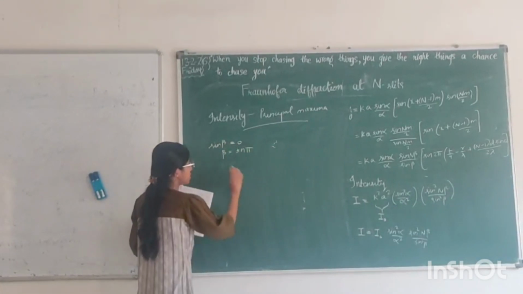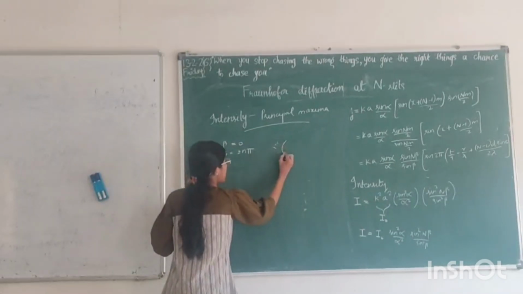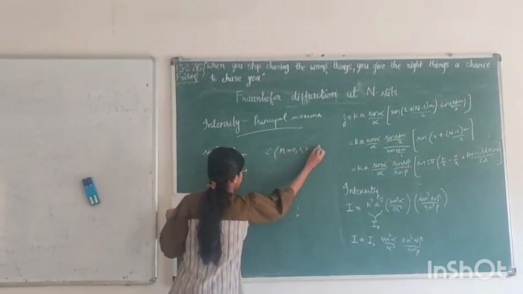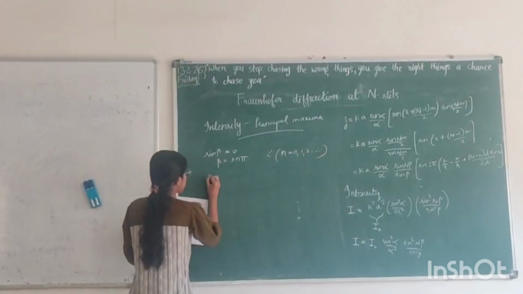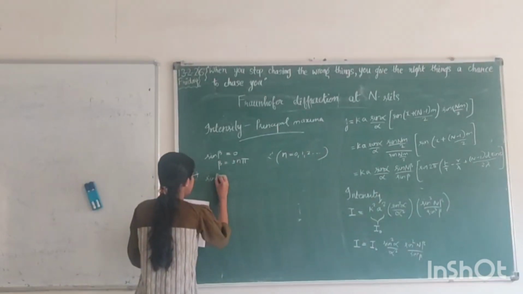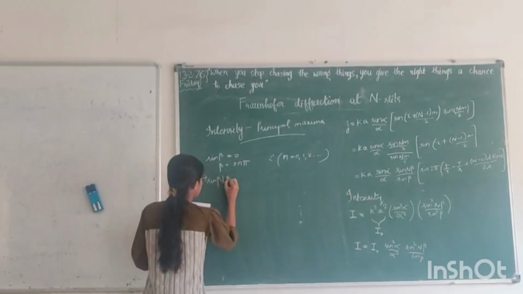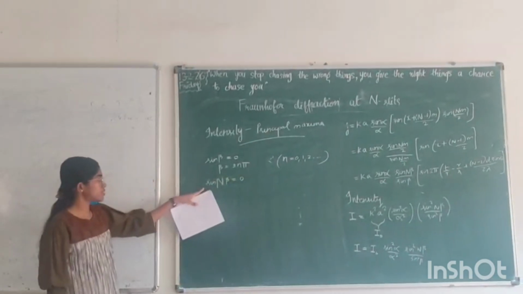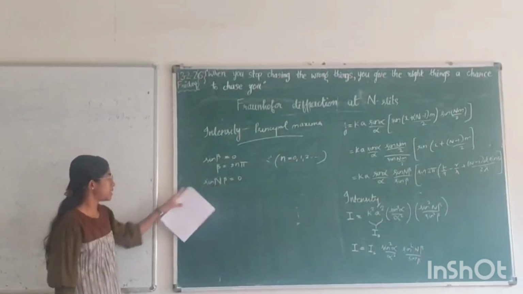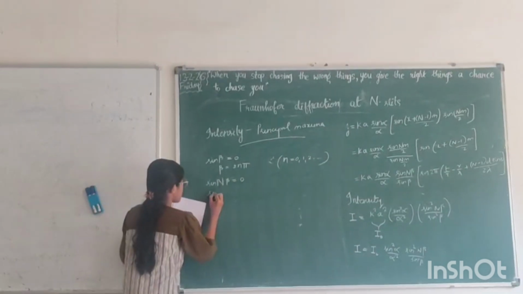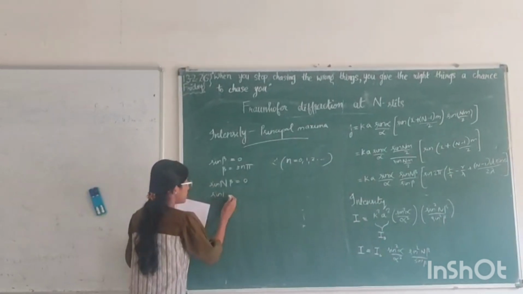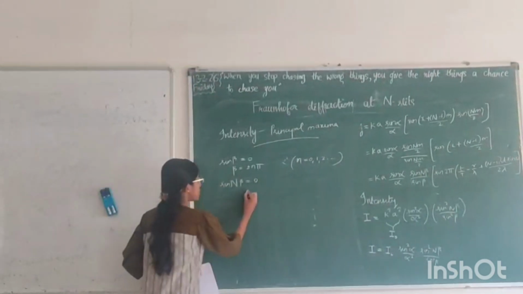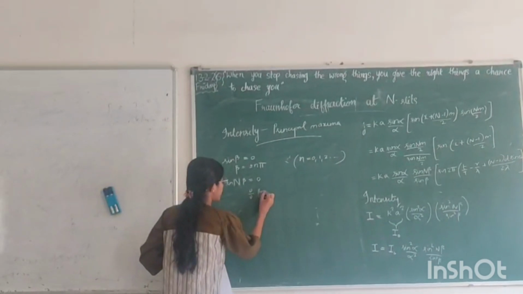This case was discussed earlier, where n is equal to 0, 1, 2, etc. So then sin n beta will also be equal to 0. Now take the ratio sin n beta by sin beta. If you take this ratio, it will be of the form 0 by 0. So we have to find the limits.